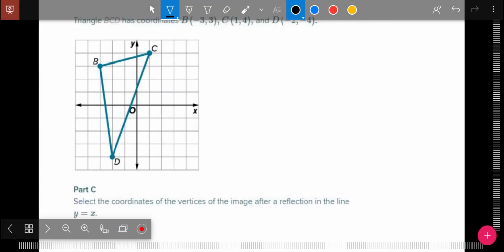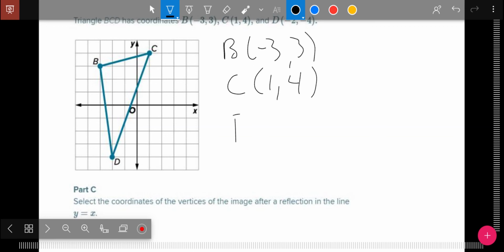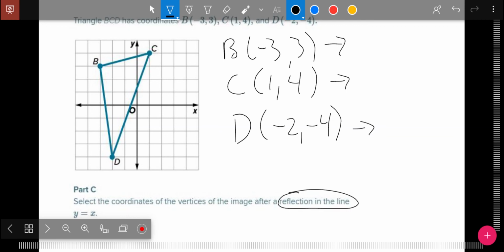Here they give me these points: B is -3, 3, C is 1, 4, and D is -2, -4. I want to come up with the new B, C, and D after a reflection in the line y equals x. That's telling me I'm using the rule xy becomes yx.